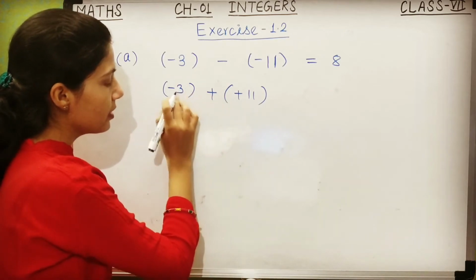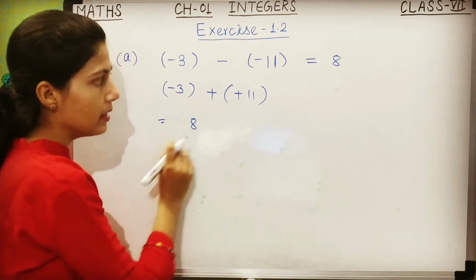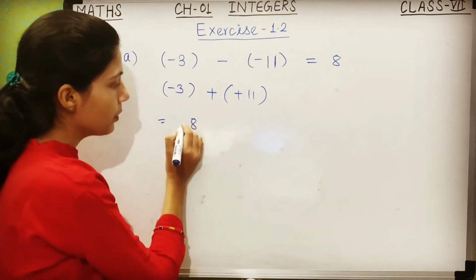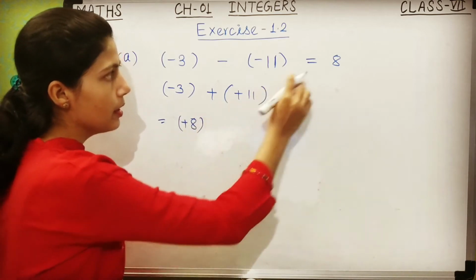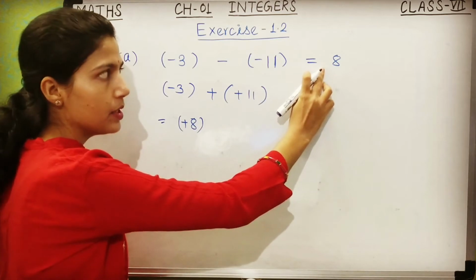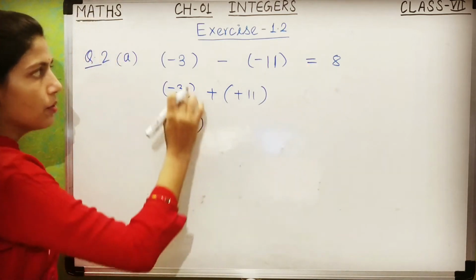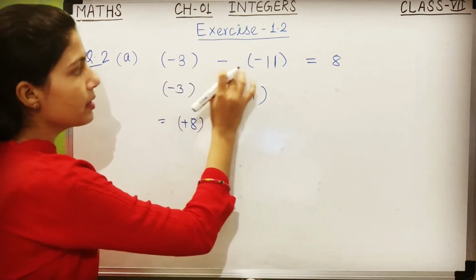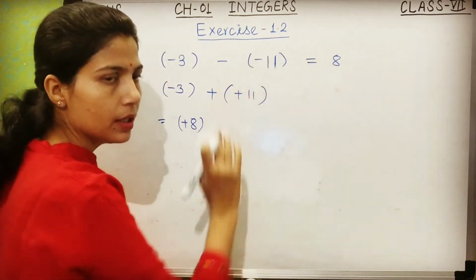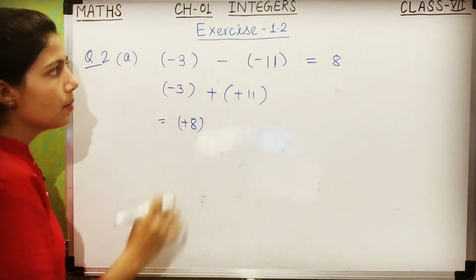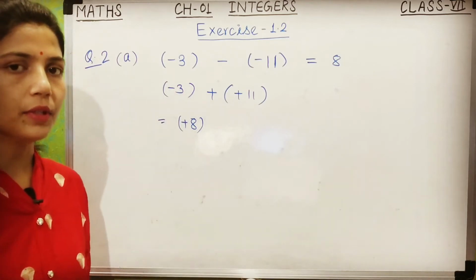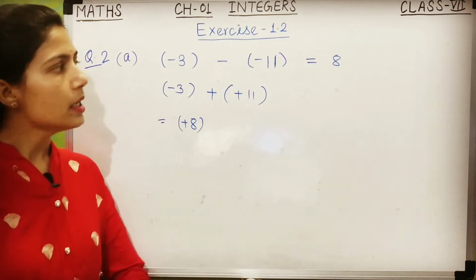So 11 minus 3 is what? 8, and then sign will go with greater number, that is +8. Here is no sign, it means it is understood it's a positive integer. So -3 minus -11 is 8. So the integers are -3 and -11 whose difference is 8.